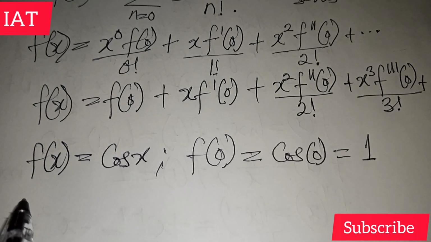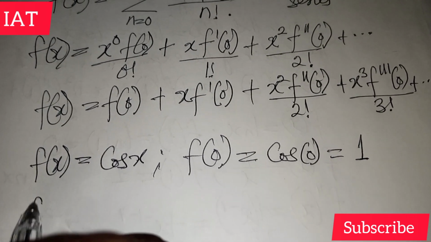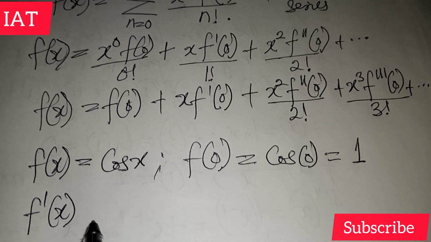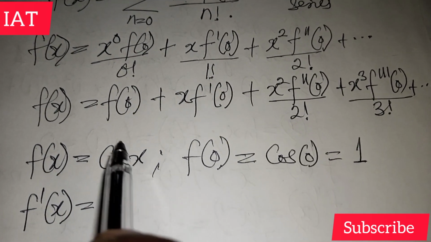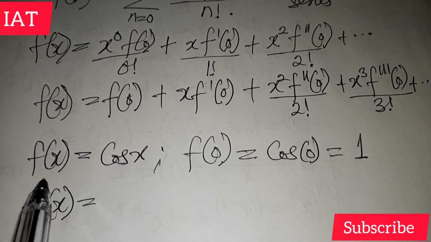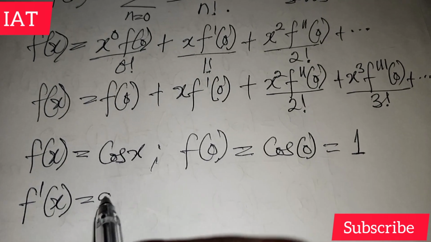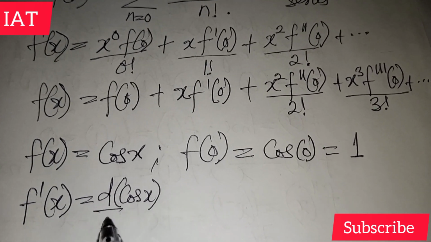At this point, you need to check the first derivative, which is f prime of x. Keep in mind that f prime is the same thing as dy over dx, so we are saying you should take the derivative of cos x with respect to x.